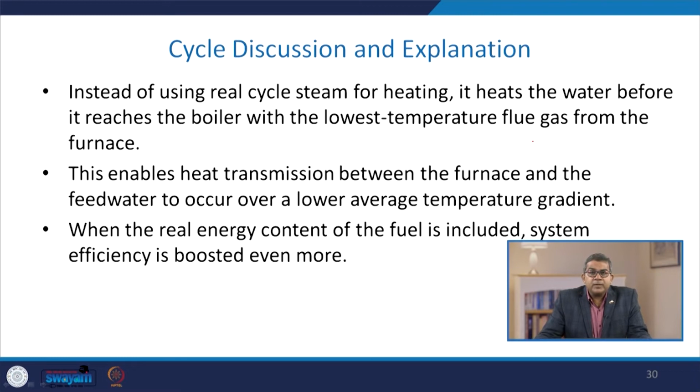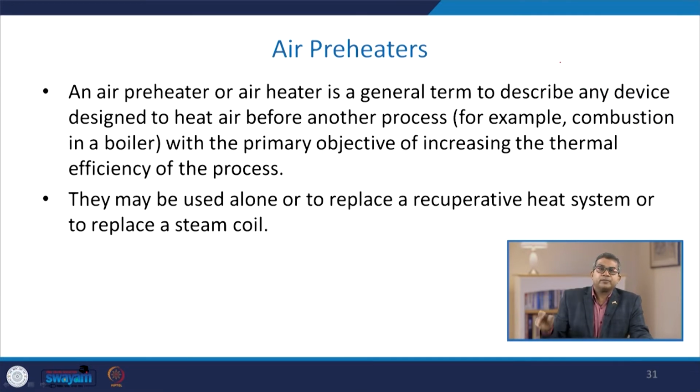This enables the heat transmission between the furnace and the feed water. So, flue gases, excess heat, economizer, and preheating of the water. Now, when the real energy content of fuel is included, the system efficiency is boosted even more.